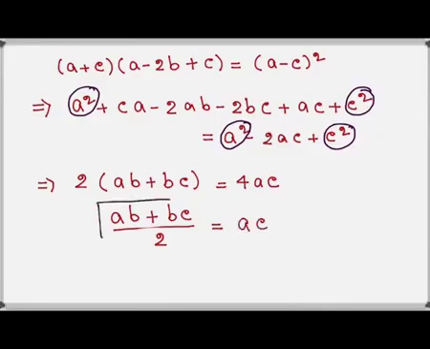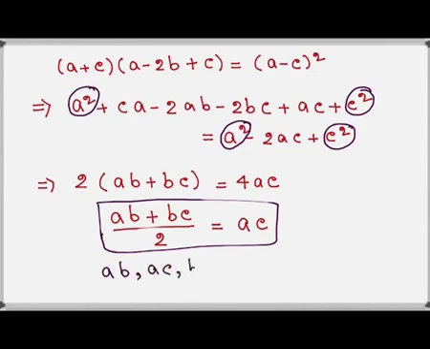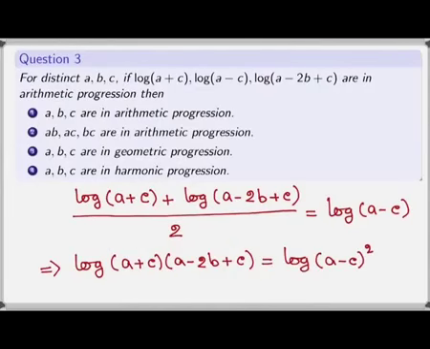So from here we can conclude that ab, ac and bc are in arithmetic progression. Therefore we see here that the second option is correct.